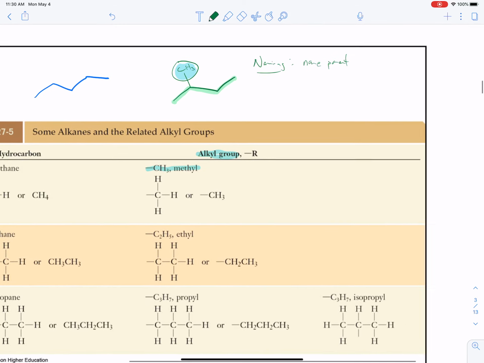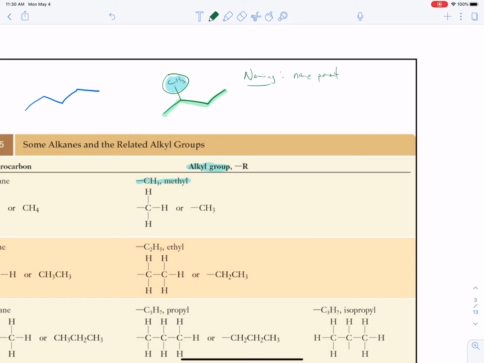And then you name your substituents, so you name your alkyl groups. And then you've got to number your alkyl groups. Let's see how this works real quick. It's real simple naming. Number 1, name your parent. Number 2, name the alkyl groups. Number 3, number the alkyl groups.